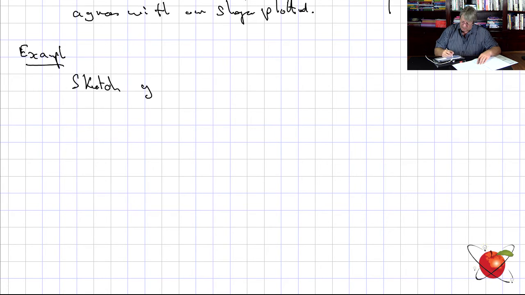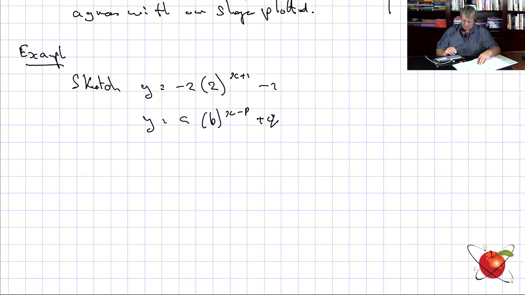Okay. y equals minus 2 times 2 to the power of x plus 2, minus 2. Okay, is it in standard form? y equals a times b to the power of x minus p, plus q. Yep, I don't have to manipulate. It's all cool.